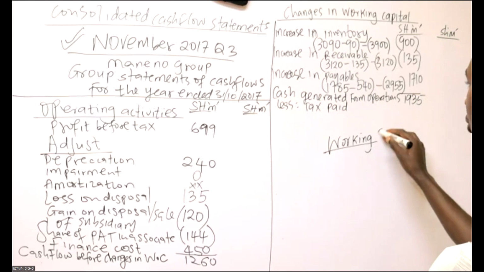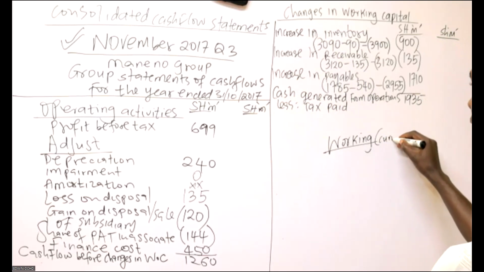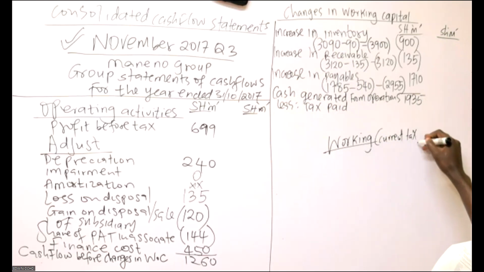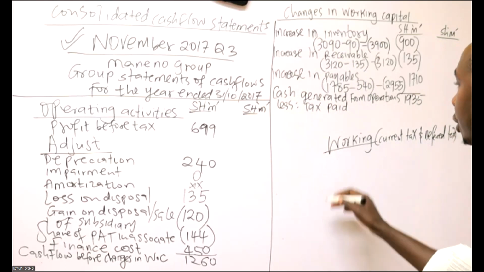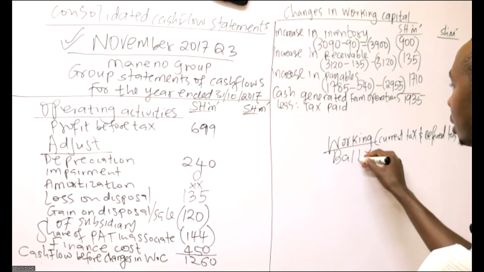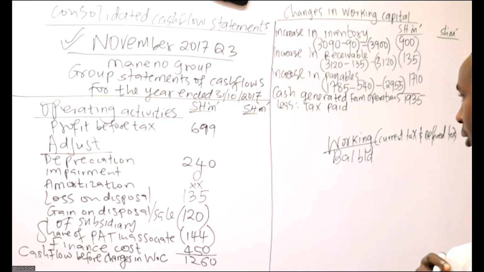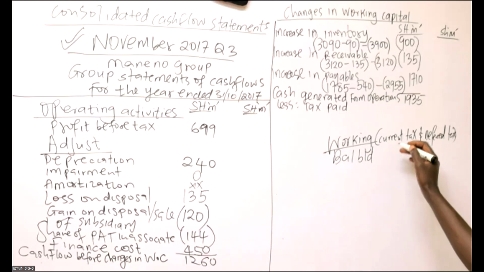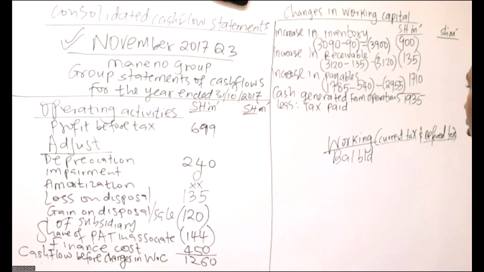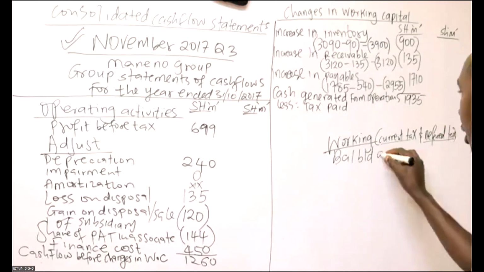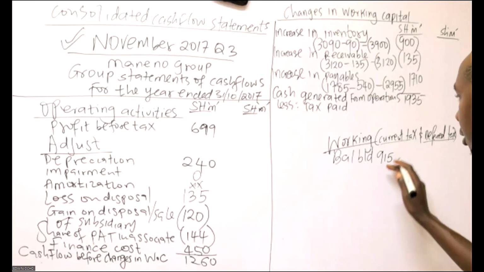So in the working, here we talk about tax. We consider current tax and deferred tax. So I will start with balance brought down, which is the balances as at 2016. I will be checking current tax from current liability, and deferred tax from non-current liability. So we have 915 deferred.